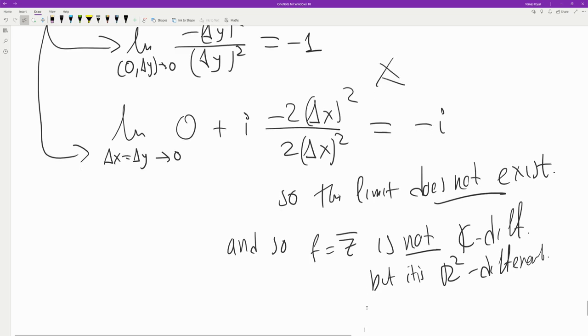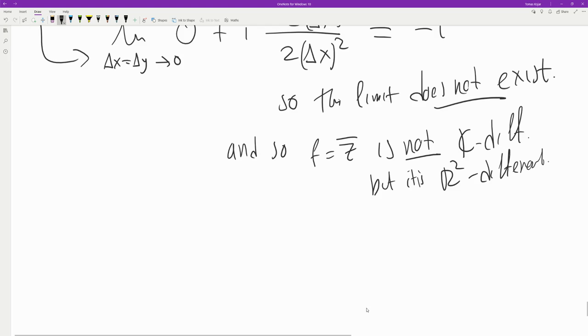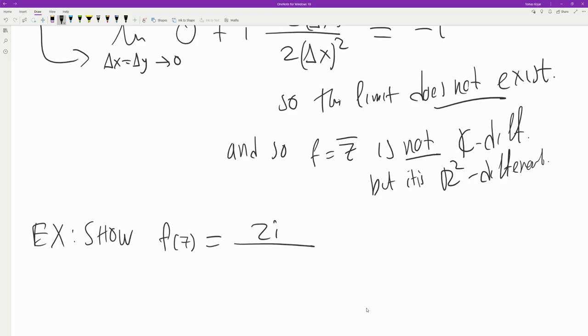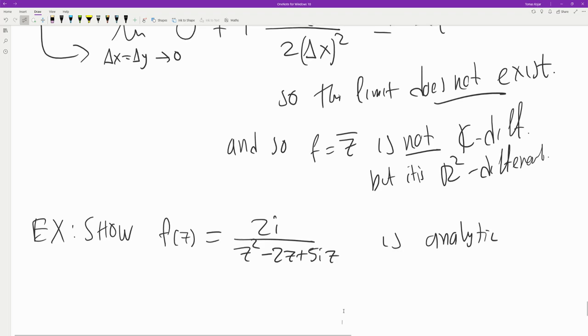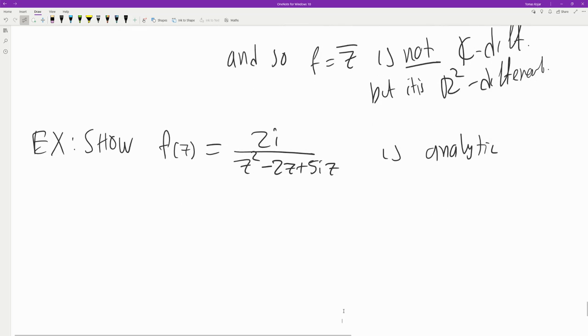Okay, so let me do one homework related question. So this is one of the questions in the book. Show that this guy is analytic except at some points. So all you do is you factor it.